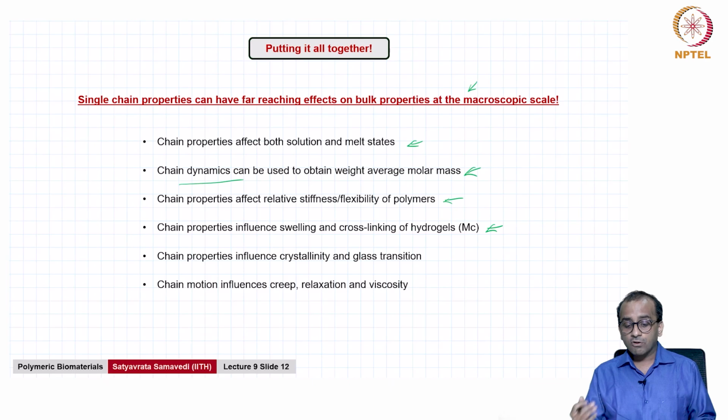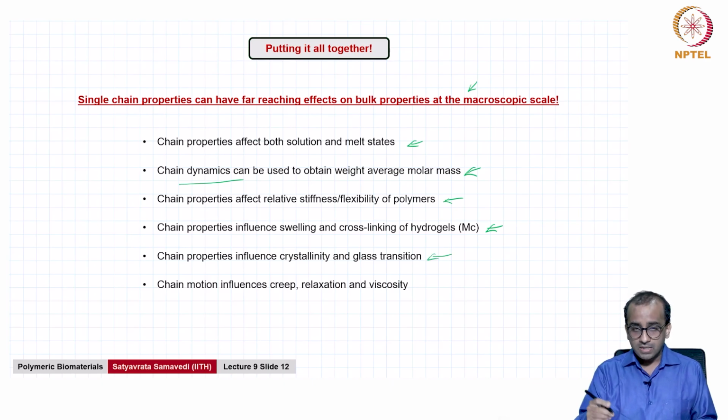Chain properties can influence swelling and cross linking of hydrogels, right. We will see later in the context of cross linked hydrogels how swelling behavior is influenced by some of the ideas that we have seen so far.